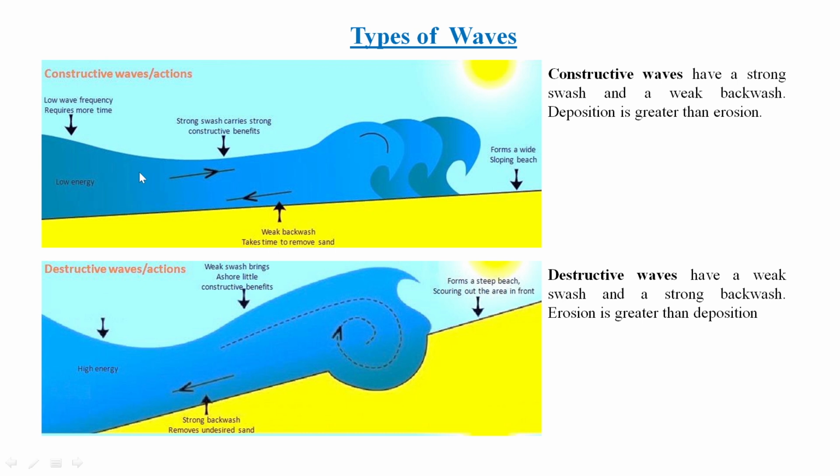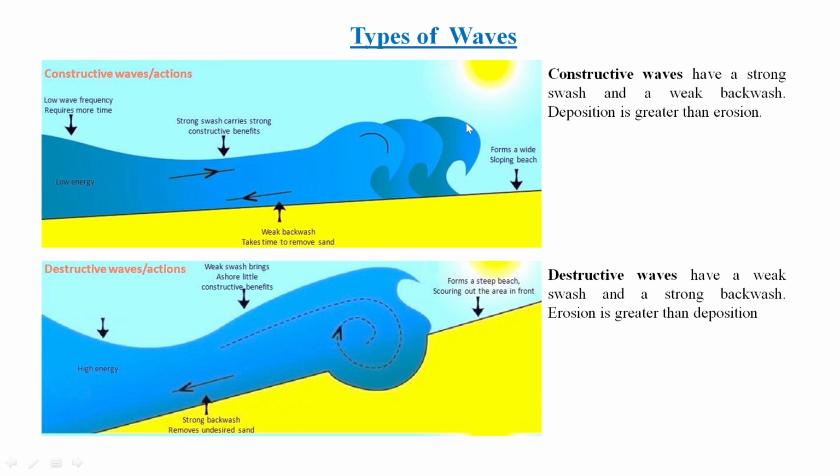So what will happen, it will give you a gently dipping slope of the beach, and obviously this weak backwash will not erode the material that is already present on the beach. They will definitely erode. Whenever there is a backwash, there will be some erosion, but as the swash is very strong, it will be adding more and more beach sediment in comparison to what is getting washed away from the beach.